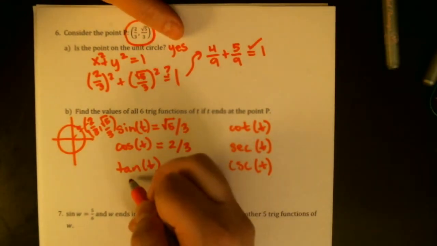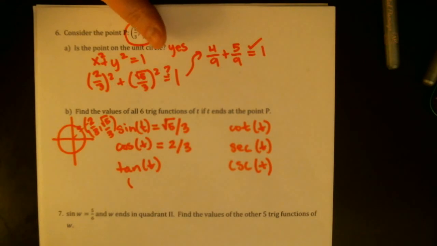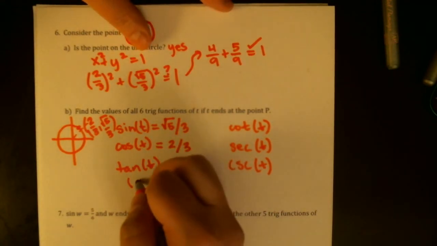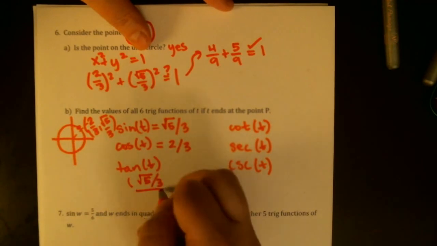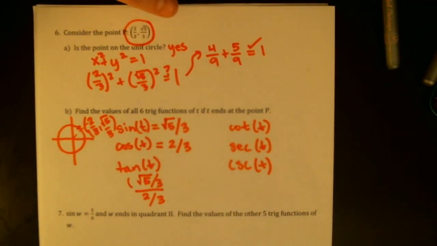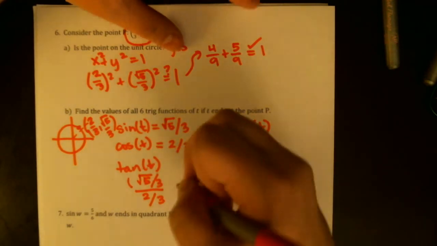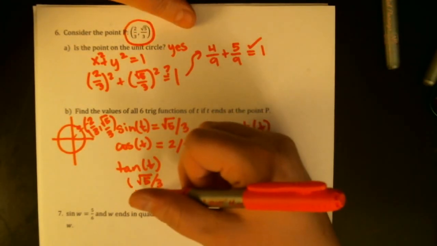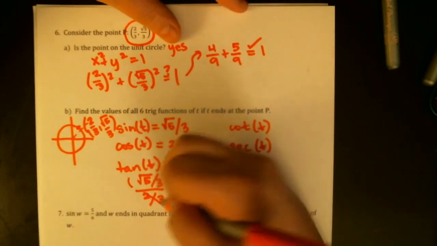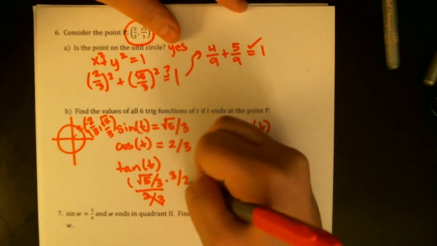Tangent gets a little bit messier. Tangent t, I'm going to show some work down below, is sine over cosine. So root 5 over 3 divided by 2 over 3. You'll have to do a fair amount of fractions work in this class, fractions and radicals we work with constantly, as you'll start to see very quickly. If we want to divide by a fraction, what we really need to do is multiply by the reciprocal.